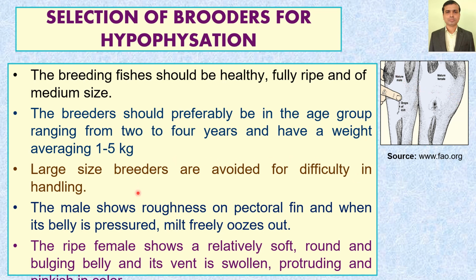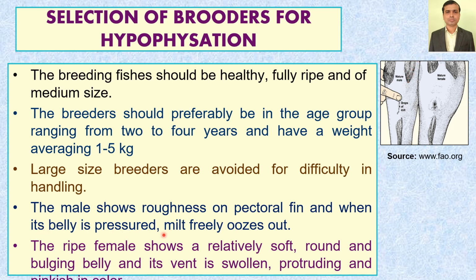The male shows roughness on the pectoral fin, and when its belly is pressed, milk freely oozes out. In this figure, in the left-hand diagram, we can see that males have a narrow abdomen and milt will come out on gently pressing the belly.